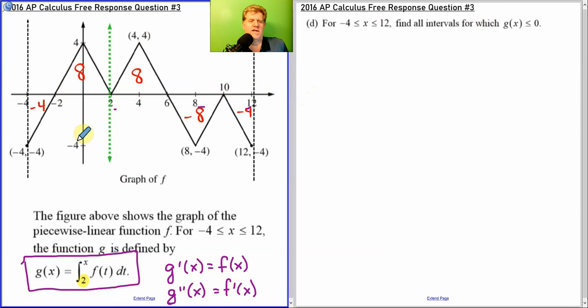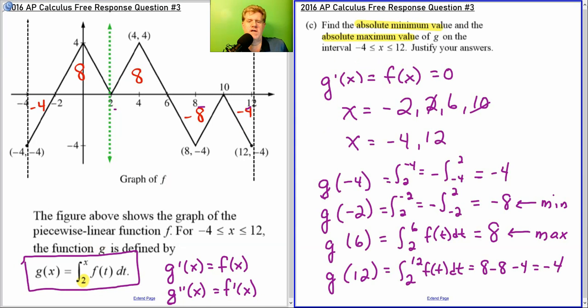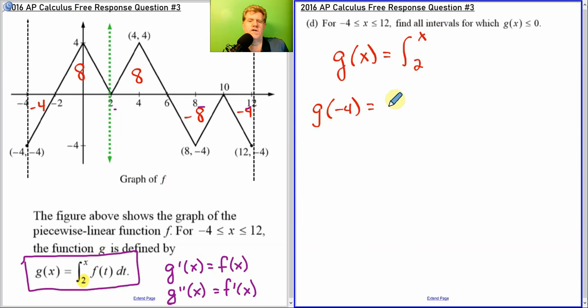G, remember, is the integral from 2 to x. So if we think about it this way, we already calculated what g of negative 4 is. We calculated it back here. G of negative 4 is negative 4.